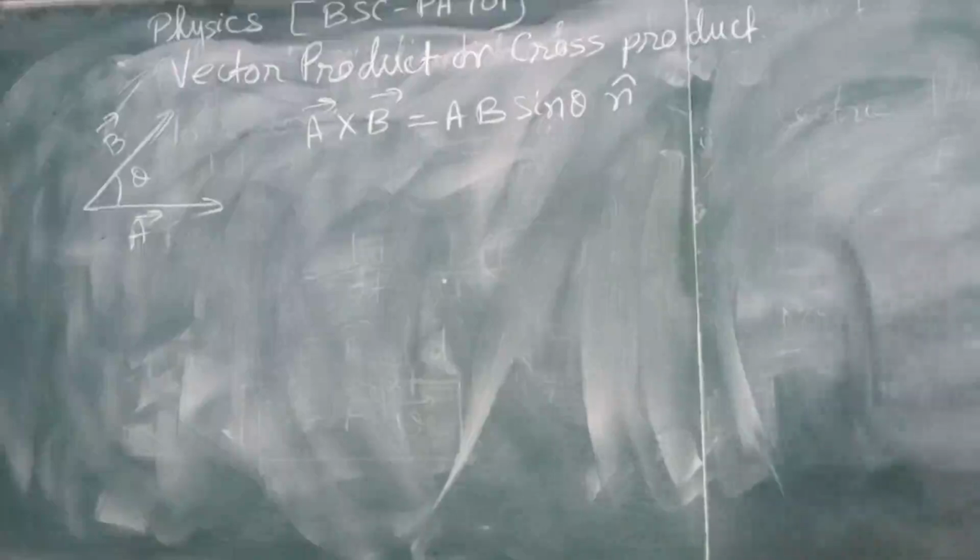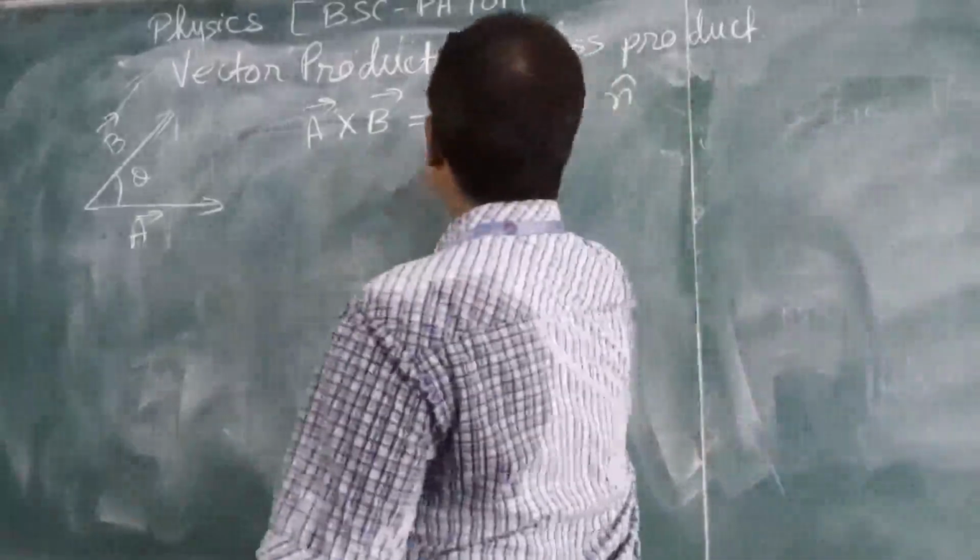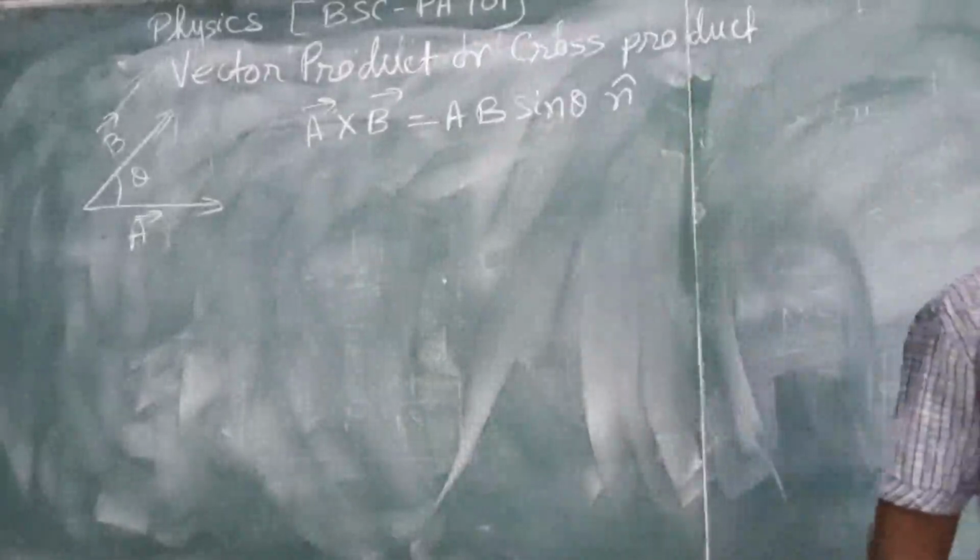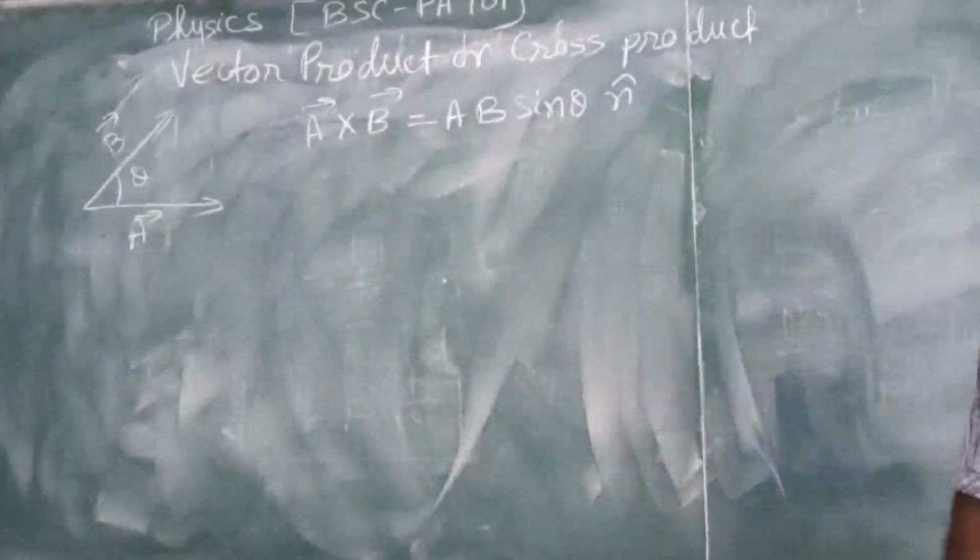So you can see that the vector product is a vector quantity.